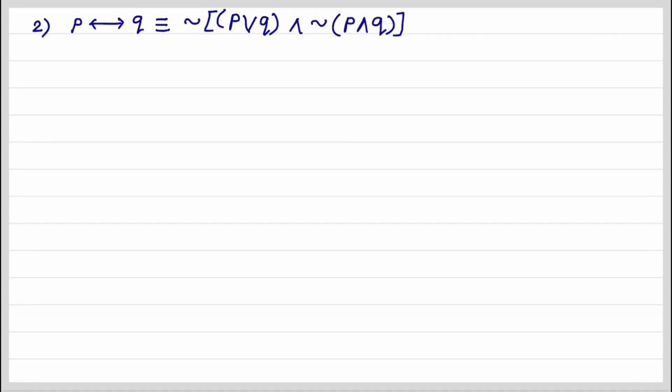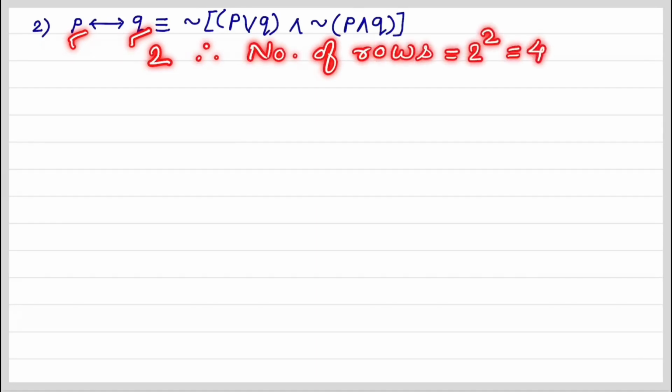Next example, P double implies Q is equivalent to negation of P or Q and negation of P and Q. We have to form combined truth table. Here 2 statements, number of statements is equal to 2, therefore number of rows is equal to 2 raised to 2 is equal to 4.